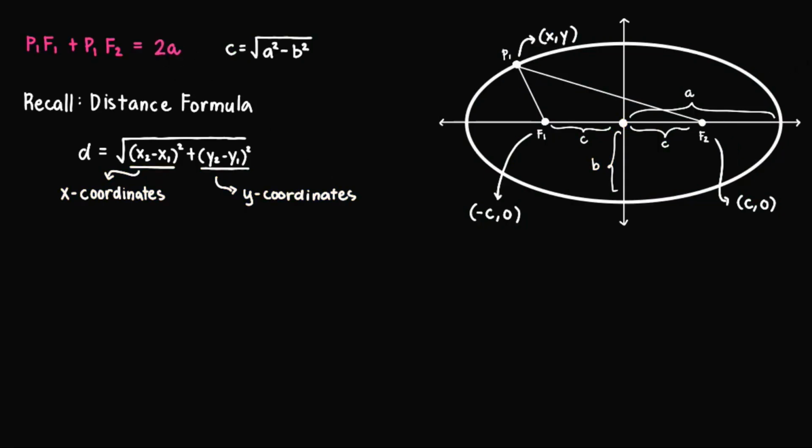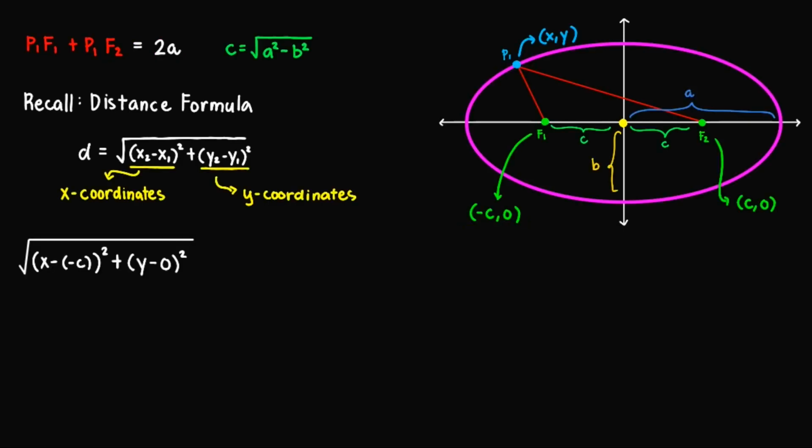So let's first obtain P1F1 out here. To obtain P1F1, we'll apply the distance formula on this point x, y and F1, which is negative C, 0. So we'll obtain the square root of the quantity x minus negative C squared plus the quantity y minus 0 squared.